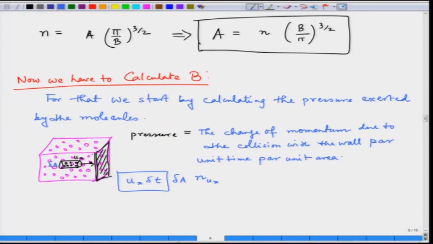Every such particle, so for example, the particles which were here, so the total number of particles will be this one, the number of particles in the cylinder.